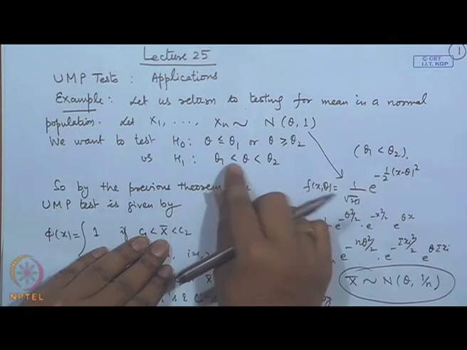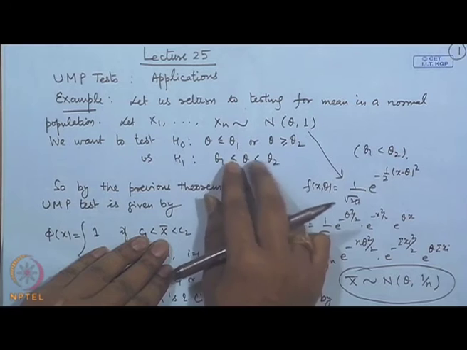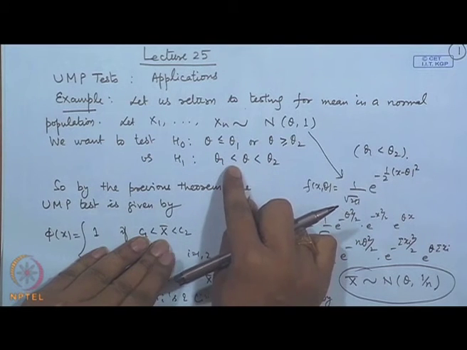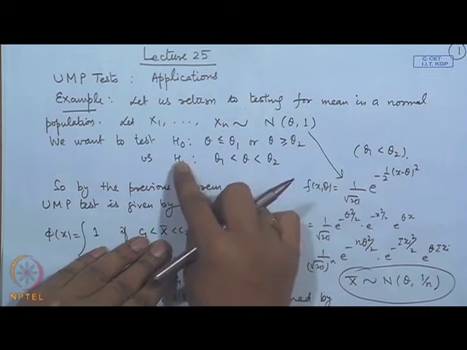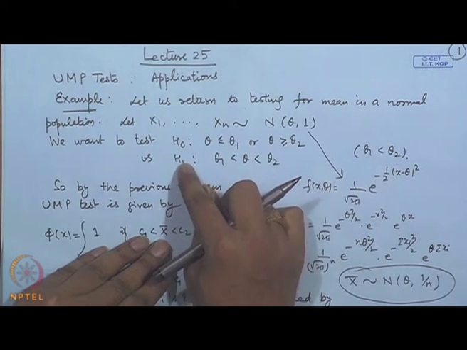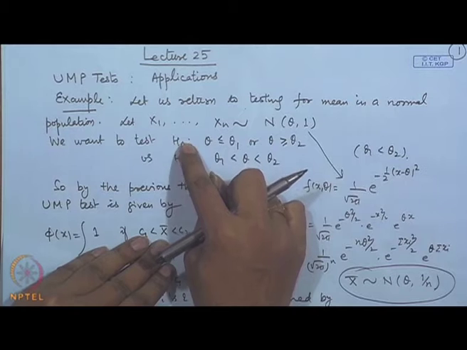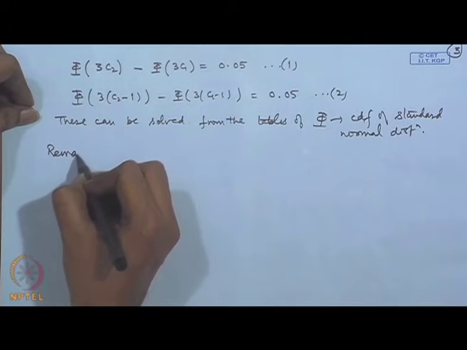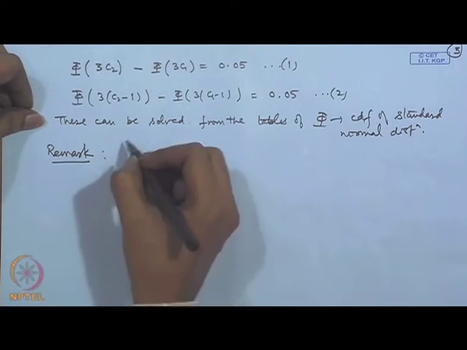One may think that if the UMP test exists for this problem, then if I interchange them, writing this as H naught and this as H 1, so that the alternative is two sided, a UMP test would exist too. Unfortunately, in these cases it can be shown that the UMP test does not exist. I will demonstrate it by an example.